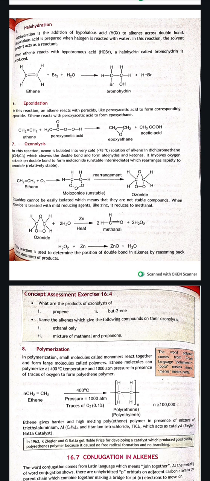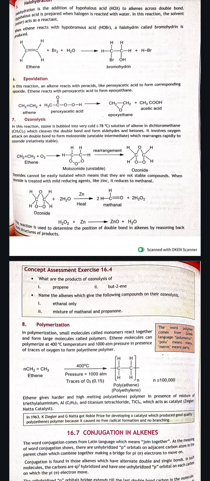After that, we have the next reaction, which is epoxidation. In this reaction, the ethene will react with peroxyacetic acid, which is CH3C(=O)O2H. Epoxyethane is formed with acetic acid.